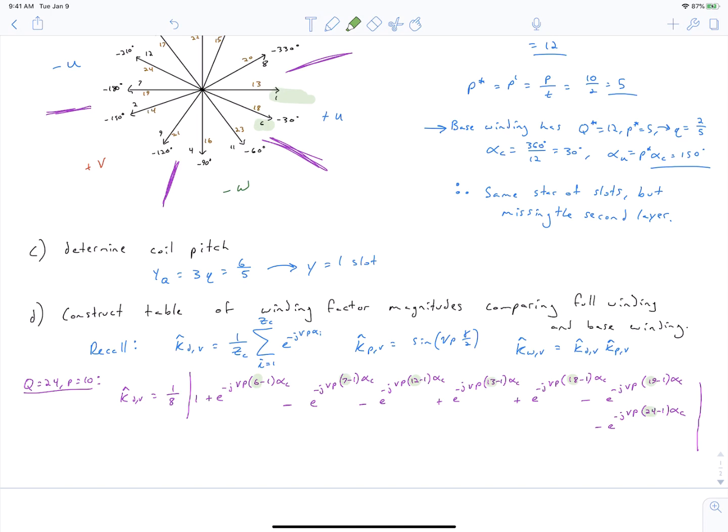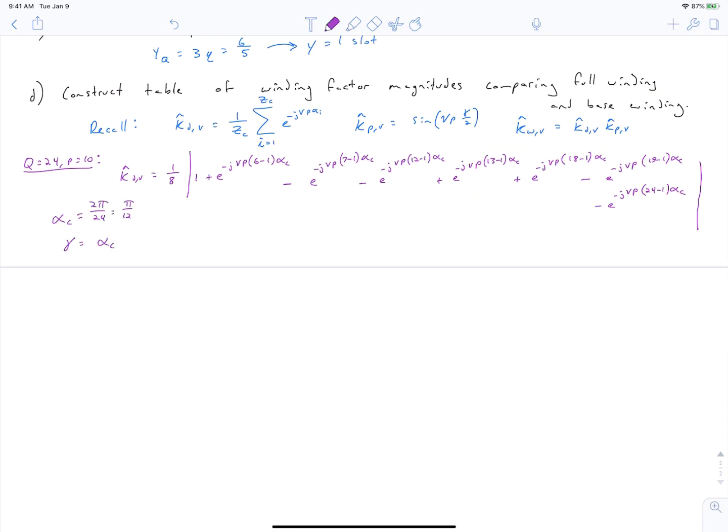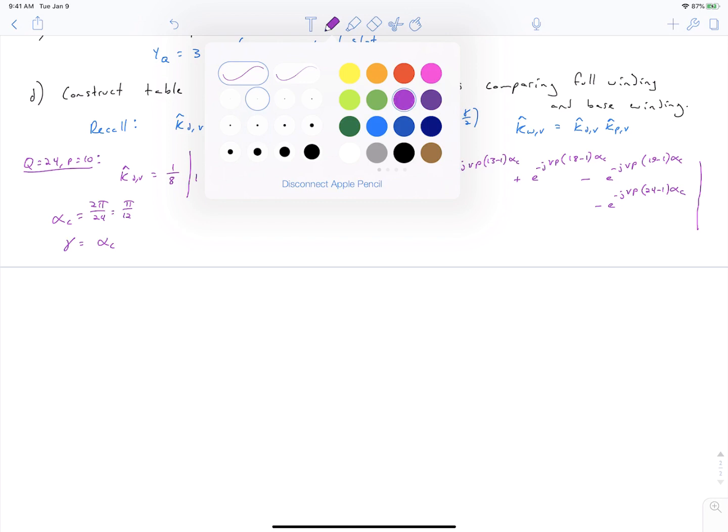And again, that indeed matches our labels up here, our assignment to the phase U zones. And then we indicate positive and negative by adding or subtracting these individual phasors. So all of this, the sign and the slot number, matches this diagram up here. Okay, so those are our expressions for the 24 slot full winding.